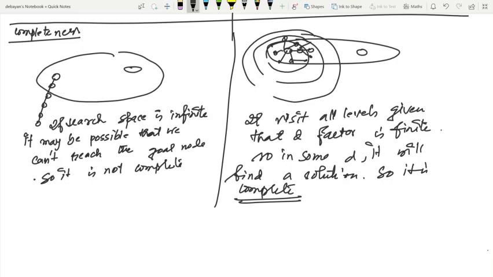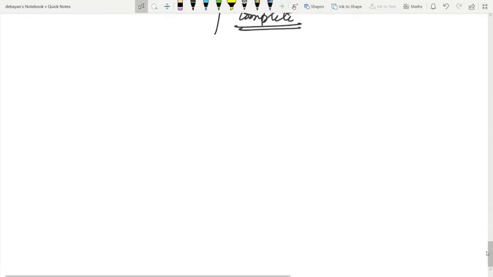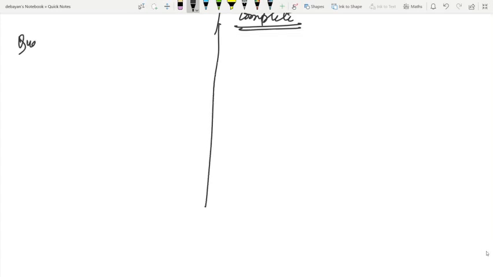Now the quality of solutions. If we discuss the quality of solutions, the next parameter is the quality of solution. What we know is the number of nodes in the path, that is, which one is shorter.